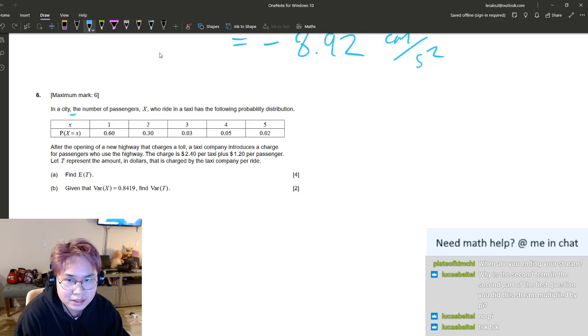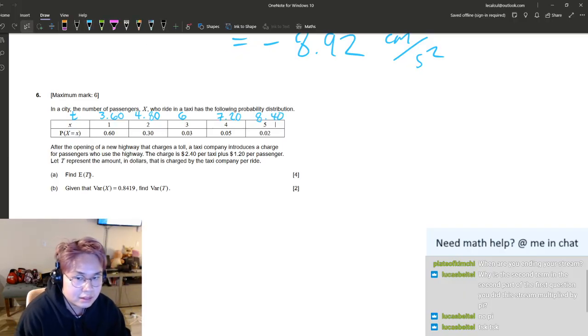So I guess I'll call this little t. And then for each passenger more, we add $1.20. So the next one's $4.80. Then $6, $7.20, and then $8.40.